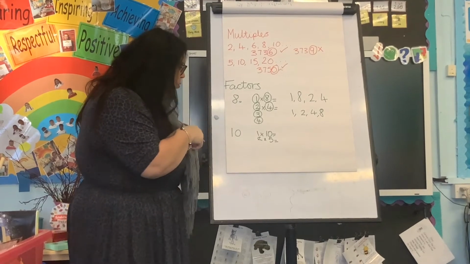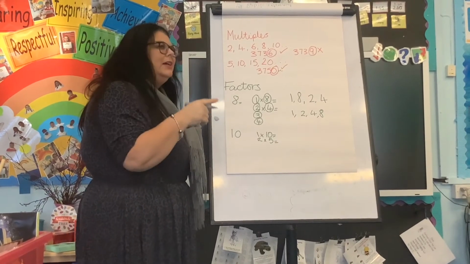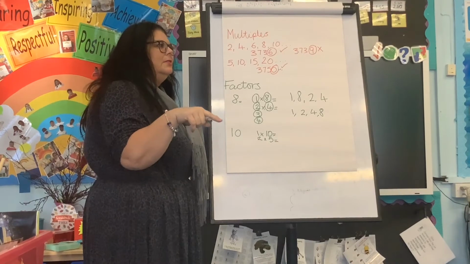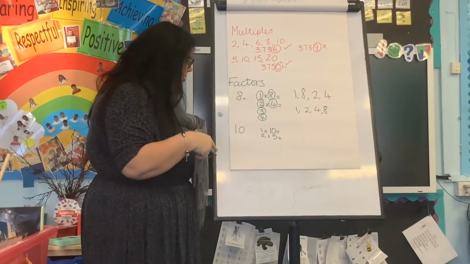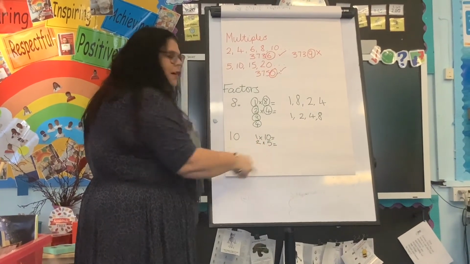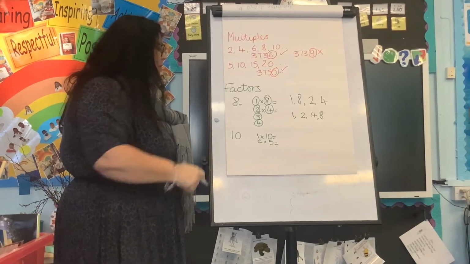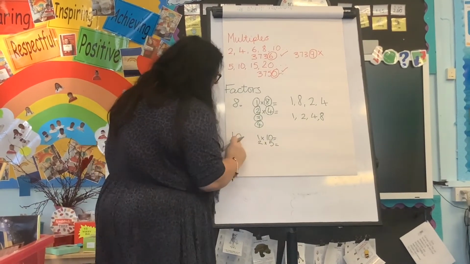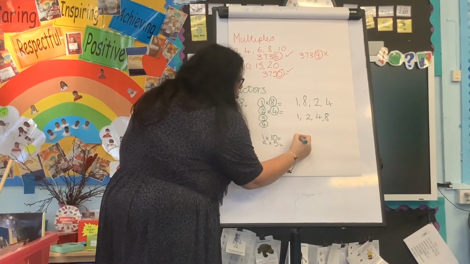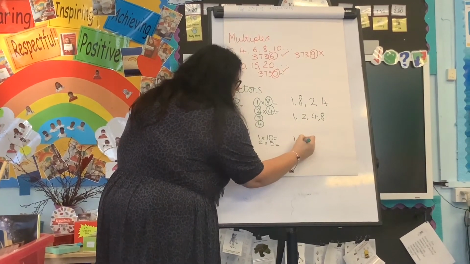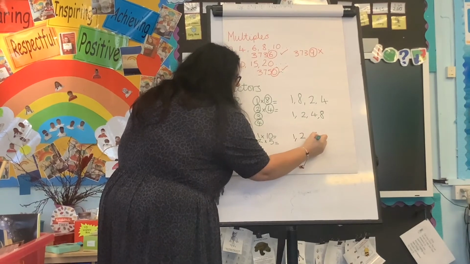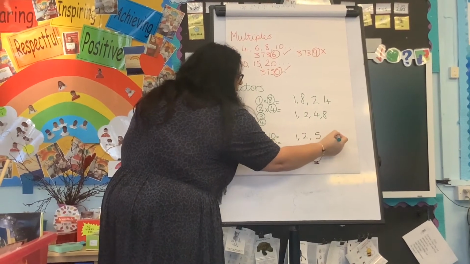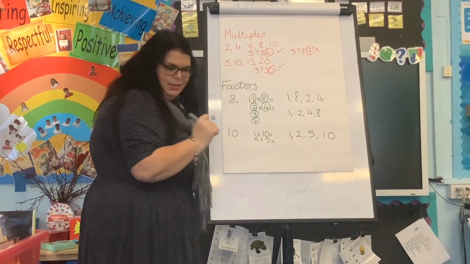What about 4? No, again, so I've got 2 times 4 is 8, 3 times 4 is 12, that's not going to work. So then I'm back to 5 again, aren't I? So that means I must have done the numbers that I can. So the factors of 10, writing them in order, are 1, 2, 5, and 10.